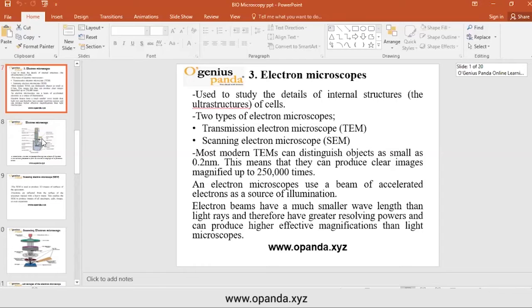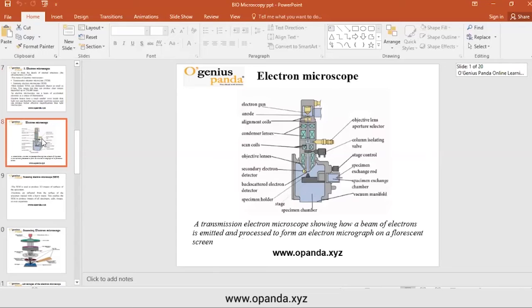Here we have the image of the electron microscope. I have never seen one in my life. These are very advanced. Perhaps today we have them here in our country, but if they are there, they are in institutions I have never entered till now.